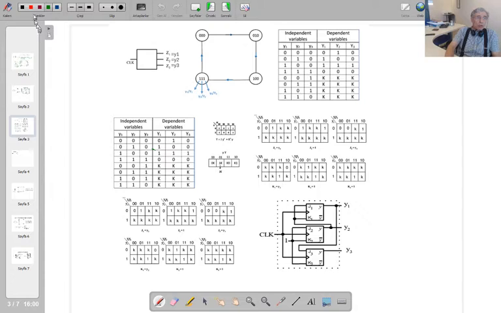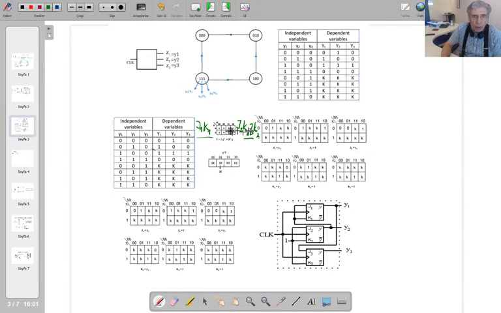In order to do that, we've got to find the memory element input functions. There is no Z function, so the memory element input functions are J1, K1, J2, K2, J3, K3. I'm going to find these functions in here.